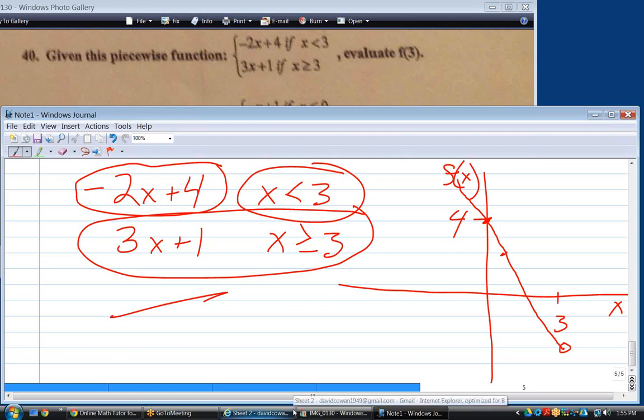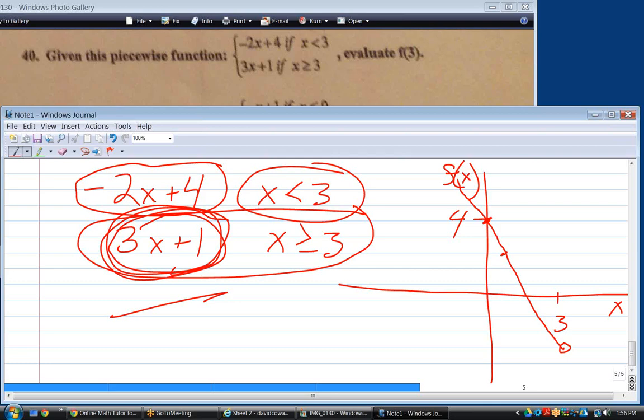Whenever x is equal to or greater than 3, this is the definition of our function. Remember, we actually have two functions. Whenever x is less than 3, we've got minus 2x plus 4. That's the definition of our function. But whenever x is either equal to 3 or greater than 3, we have this bottom function, which is different.